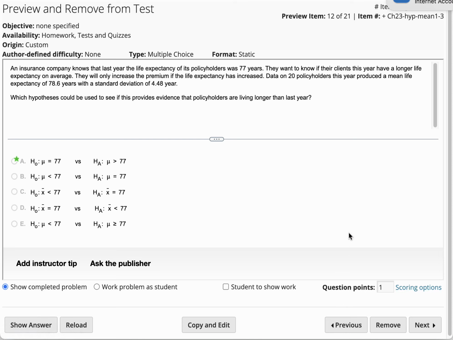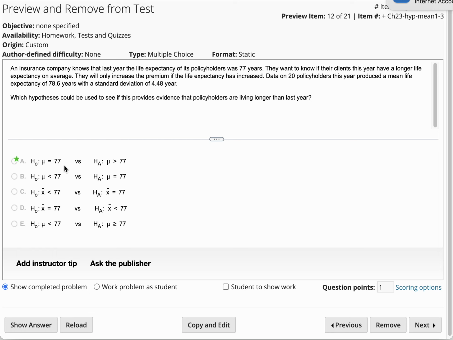An insurance company knows that last year the life expectancy of its policyholders was 77 years. They want to know if their clients this year have a longer life expectancy, so they do a study. So always go with what the insurance company says. That's what you're challenging.